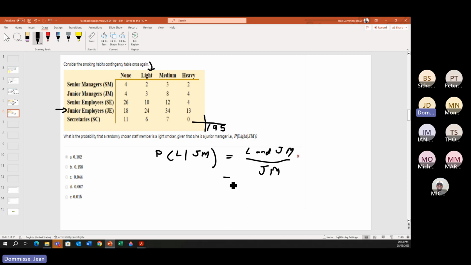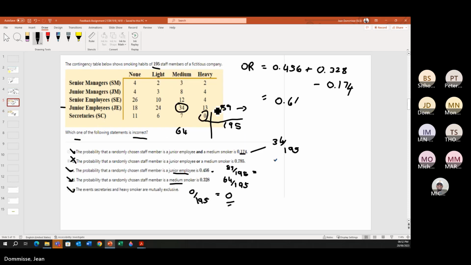Okay, so light and junior management, so it's 24. So 24 to get that probability. We can in actual fact cancel the 195 now, and the junior employee was 89.